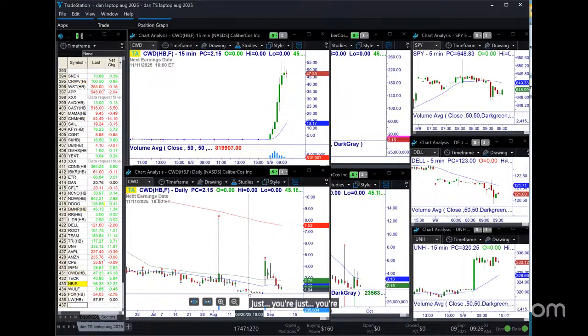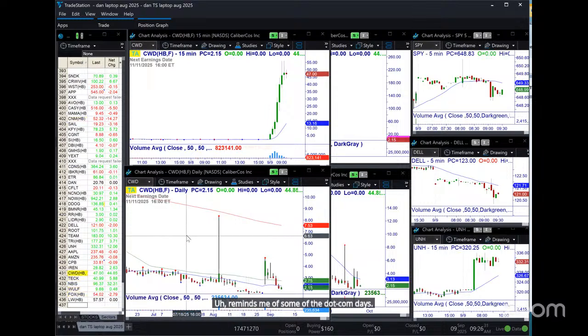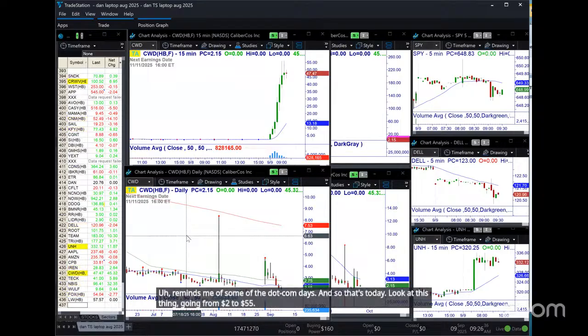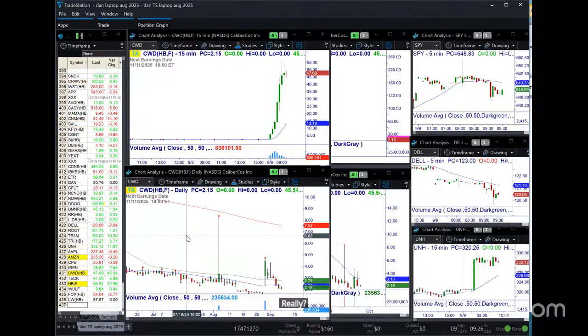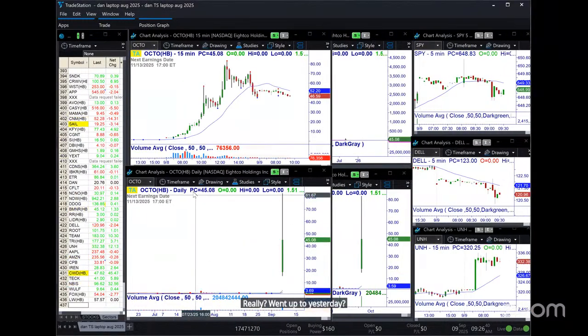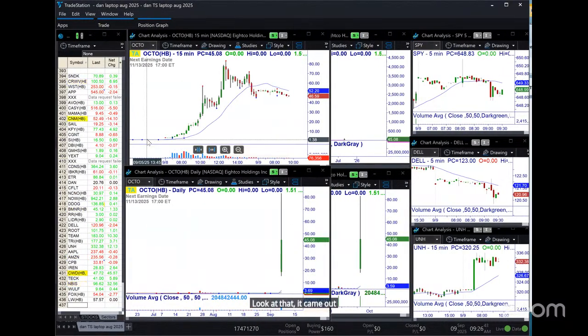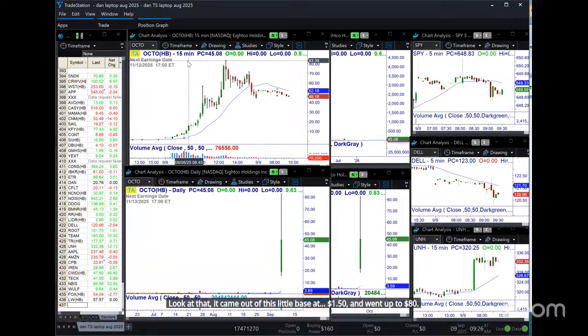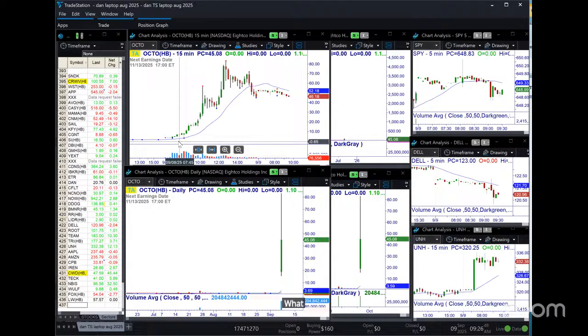You're just chasing crap. Reminds me of the dot-com days. And so that's today. Look at this thing going from $2 to 55. Really? Look at Octo yesterday. It came out of this little base at the $1.50 and went up to 80. What a joke. That's my answer. It's a joke.